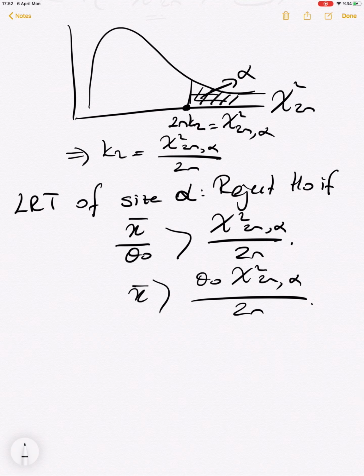Okay, so let me stop here. Then we will continue next week with the likelihood ratio test again, using the asymptotic distribution of the likelihood ratio, and also we will consider the cases where we have two sample cases. So it will be very long actually, the solution of the two sample case.